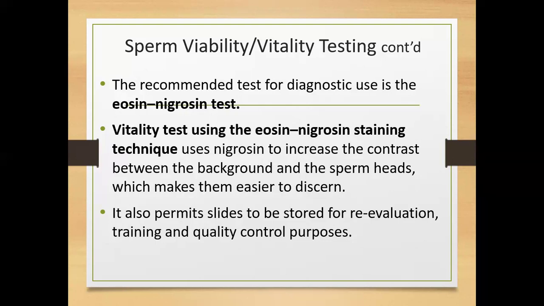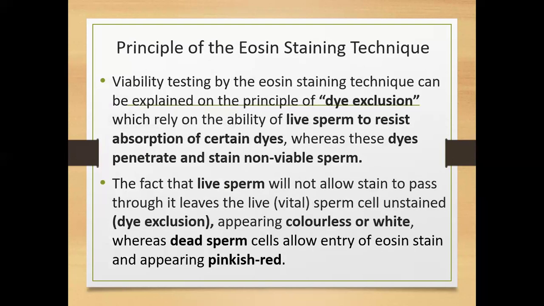So I'm saying that with the eosin test, the nigrosin is added, and now eosin nigrosin has become very popular. But the actual deal, the principle of the test, is based on the eosin. The nigrosin is just coming in as a counterstain to give you a background staining for contrast.